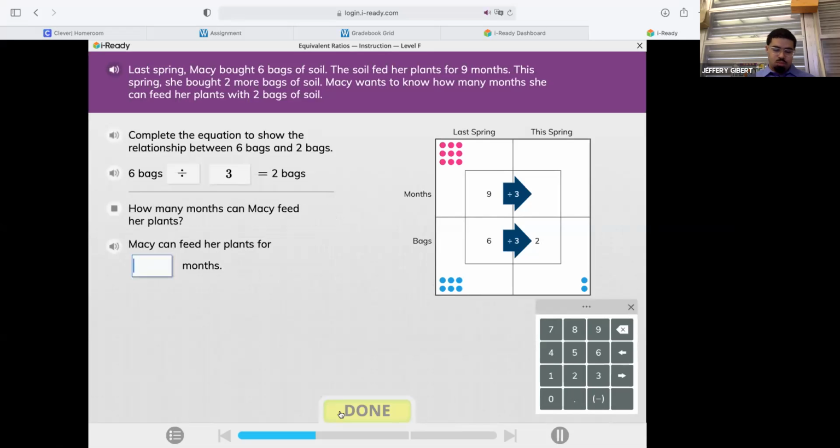How many months can Macy feed her plants? All right, so Petit, what would this answer be? Nine. Well, not 9.